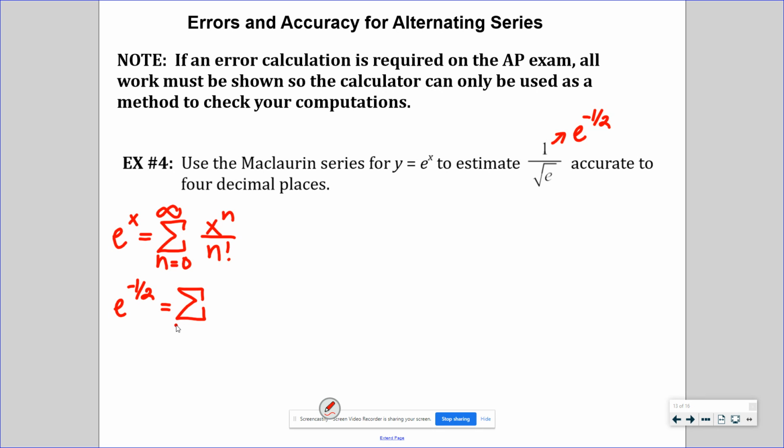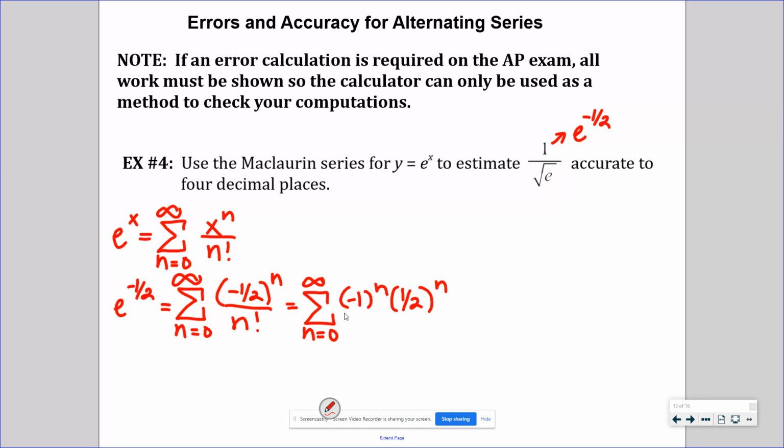Here's how that works. All you have to do is change x to negative 1/2 and then do a little bit of algebra. So if I wanted to write this in series notation, I could write it as negative 1 to the n times 1/2 to the n over n factorial. And that's just going to tell me how to write the terms for that Taylor series.